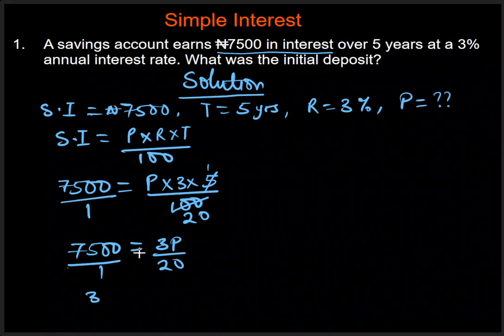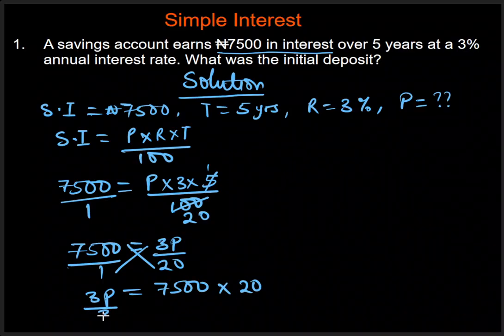And then we have that cross multiply. 3P is equal to 7,500 times 20, all over 3 and all over 3. So 3 into 7 is 2, carry 1, 3 into 15 is 5, 3 into 0, and 3 into 0.